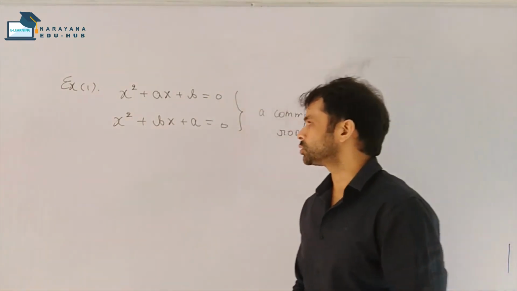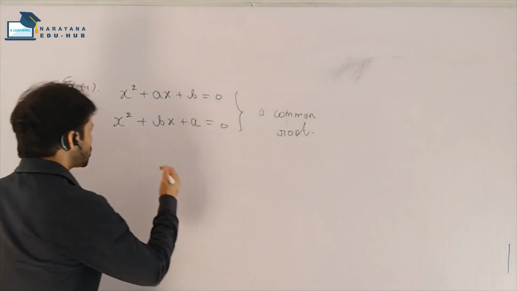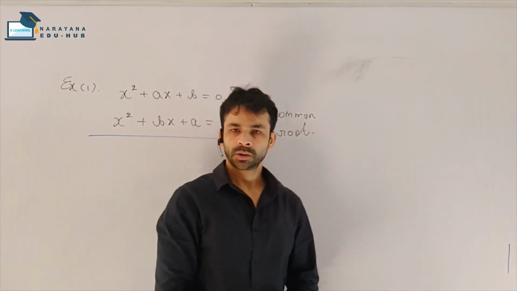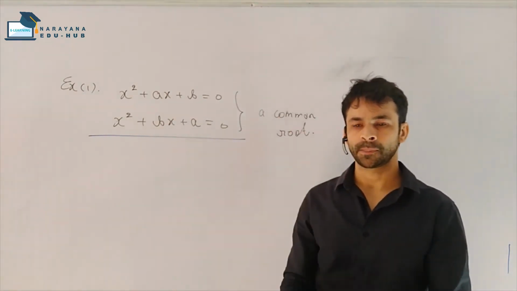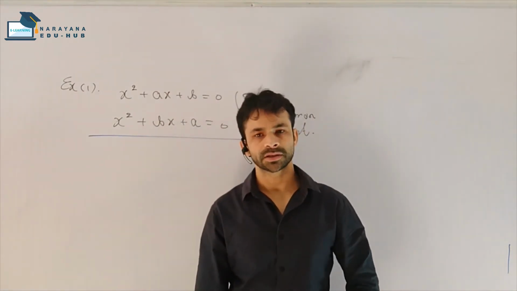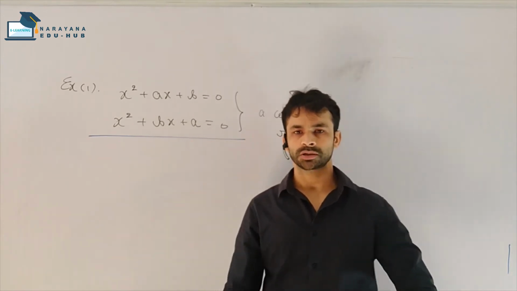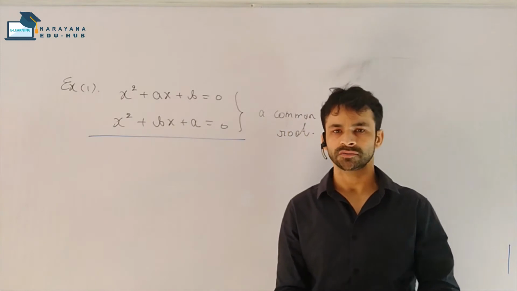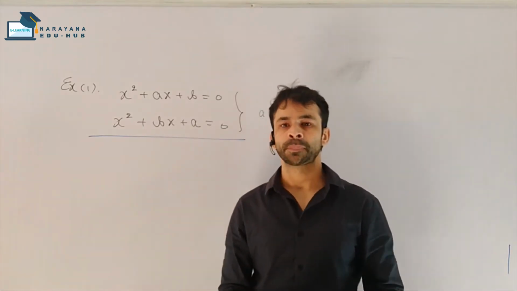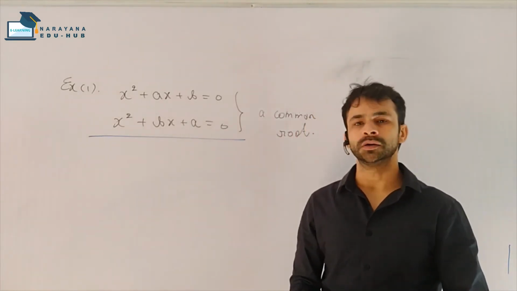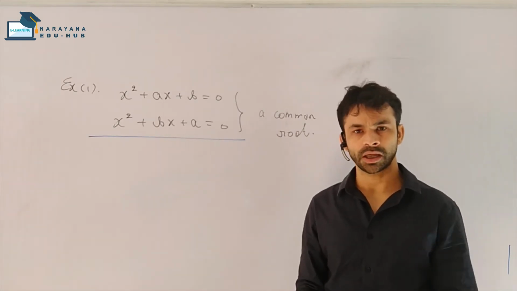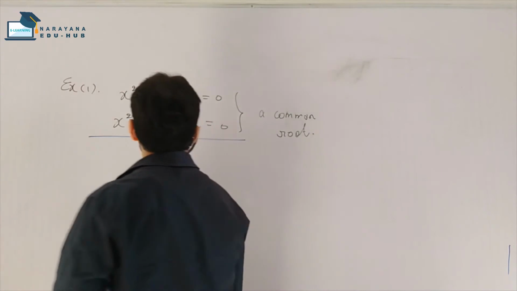They have one common root, so we can simply use the condition we had just written: c1a2 minus a2c1 whole square is equal to a1b2 minus a2b1 into b1c2 minus b2c1. That we can use. Or we can use another shortcut.